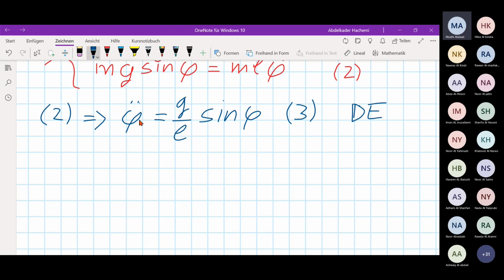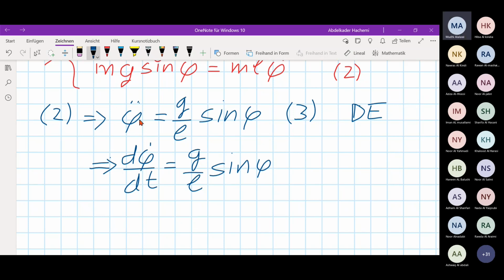So we can write here d phi dot divided by dt, and here g divided by L sine phi.